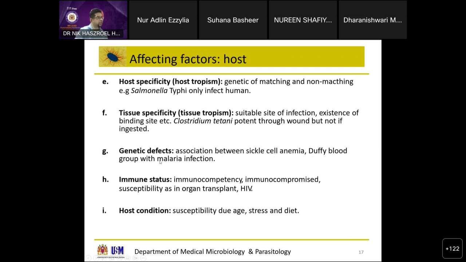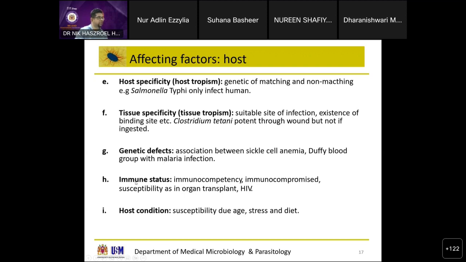Then there is also genetic defect, like in some people who have sickle cell anemia. The Duffy blood group is relevant to malaria. So the Duffy blood group protects from malaria. In the African population, they have this Duffy blood group, so the incidence of malaria is lower among them.